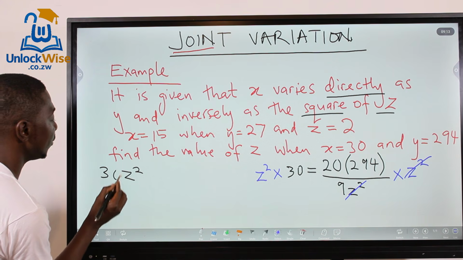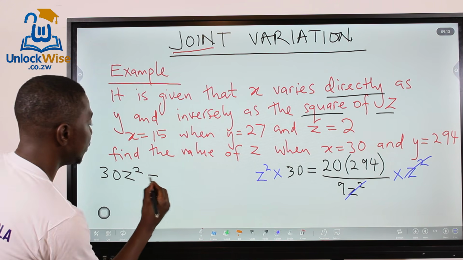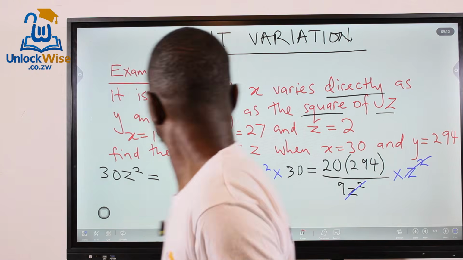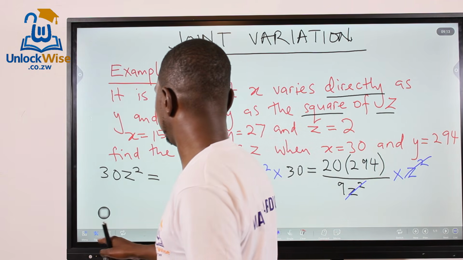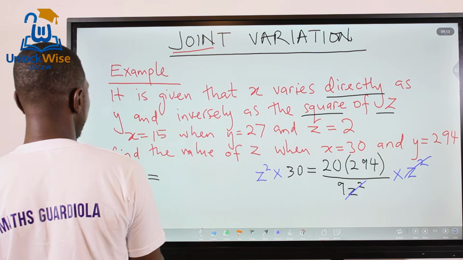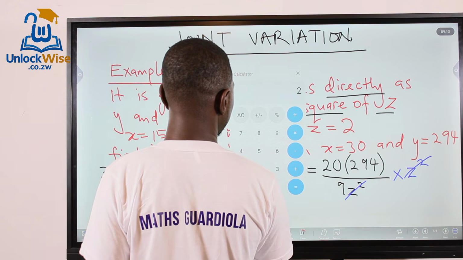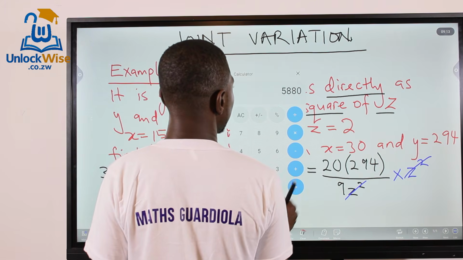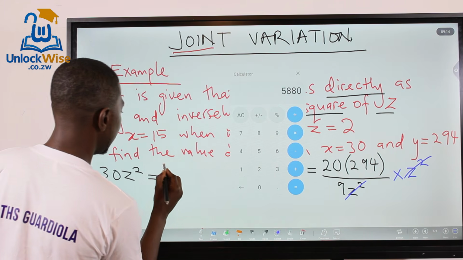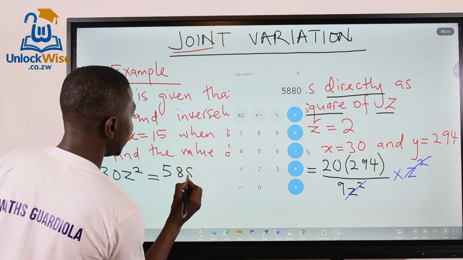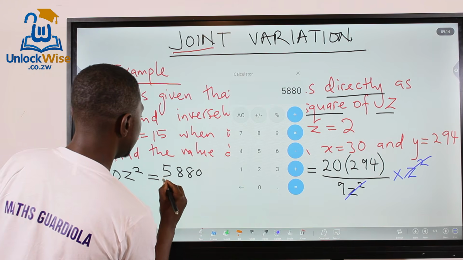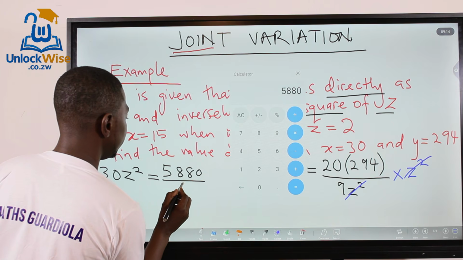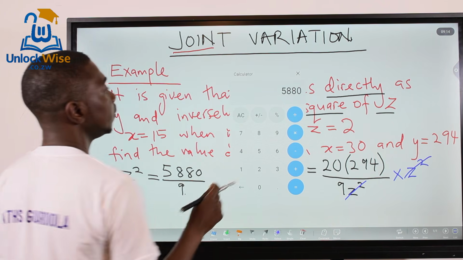Okay, let me just have it as 30z squared, which is equal to, if you multiply 20 by 294, you are supposed to get 5,880, and this is being divided by 9, right?